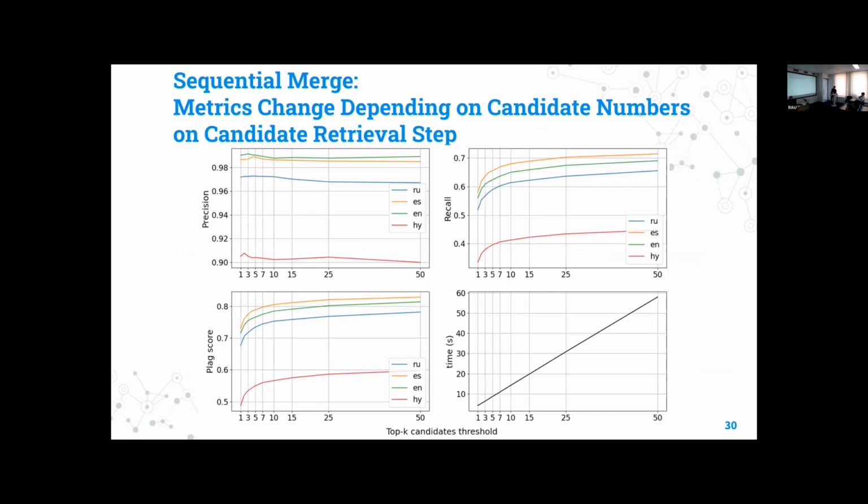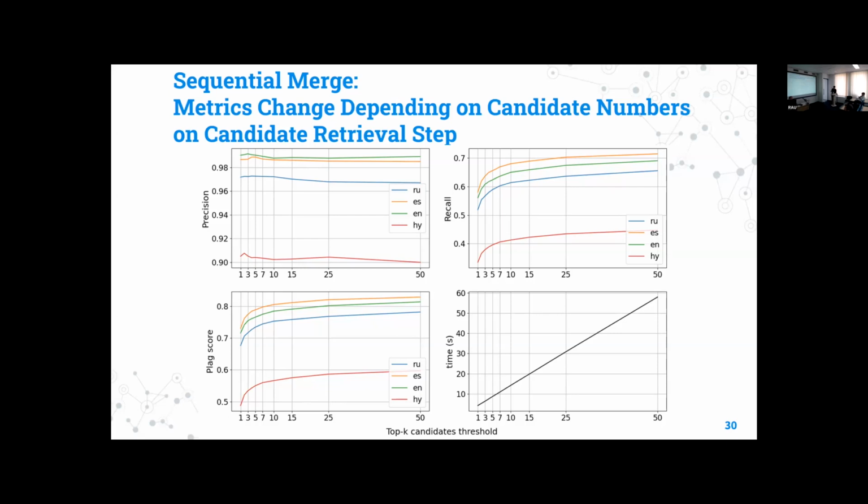Here we have the metric change depending on the number of candidates. In the candidate retrieval step we have the top K candidates, and we calculated the accuracy of the algorithm according to the change of that top K number.